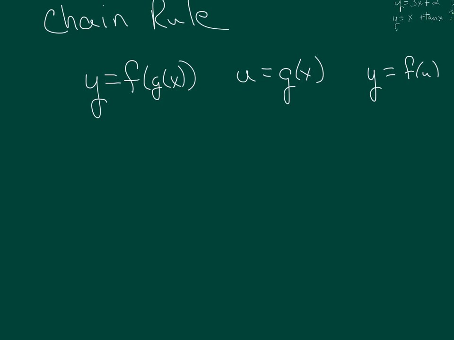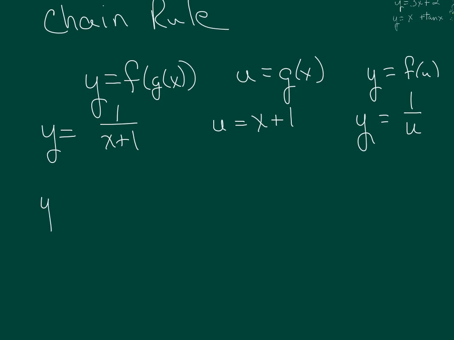So for instance, if I have y equals 1 over x plus 1, then u in this case is going to be x plus 1. And we can rewrite y as y equals 1 over u. I just sort of decomposed and then put that function back together again. I think you'll see why when we look at the definition of the chain rule.